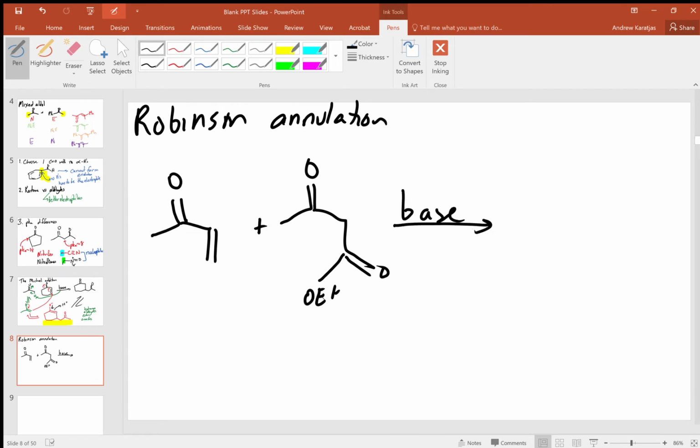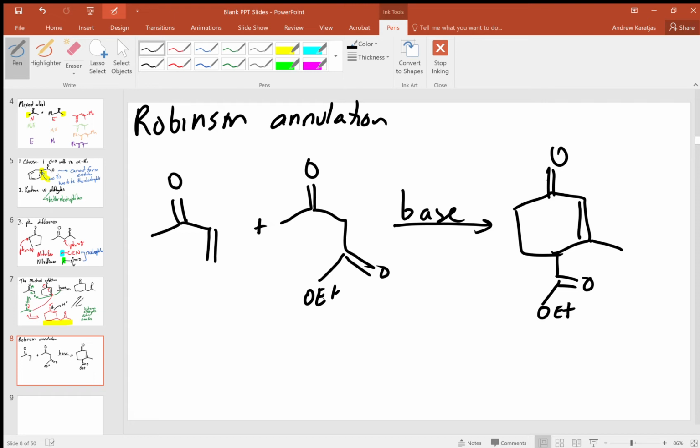So you can see we're taking these two relatively simple starting materials, adding base, and in a single reaction, we form this product. So probably looks complicated, seems like there's a lot going on, and we'll see that there is.